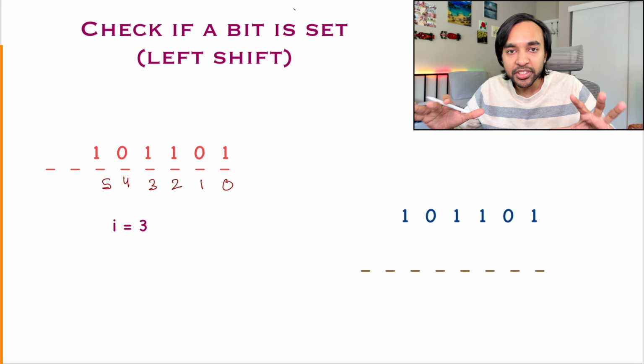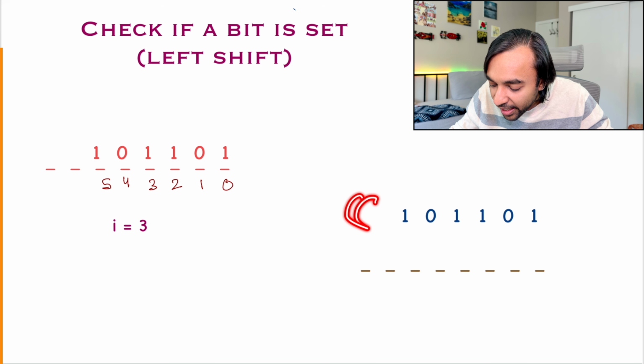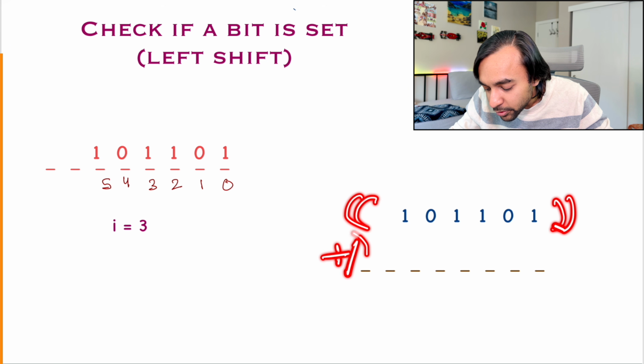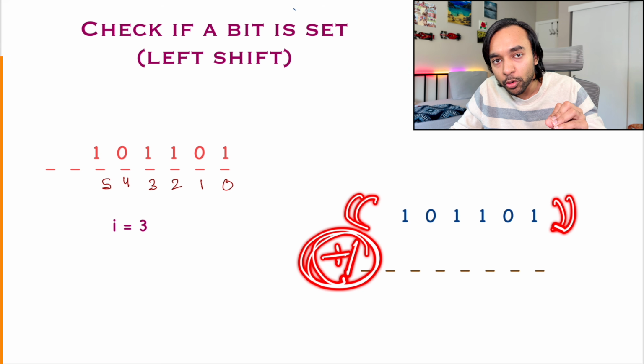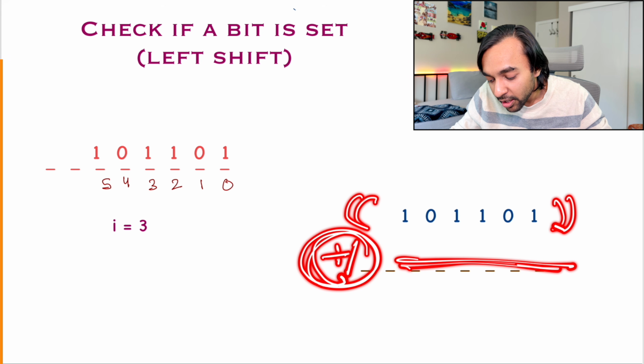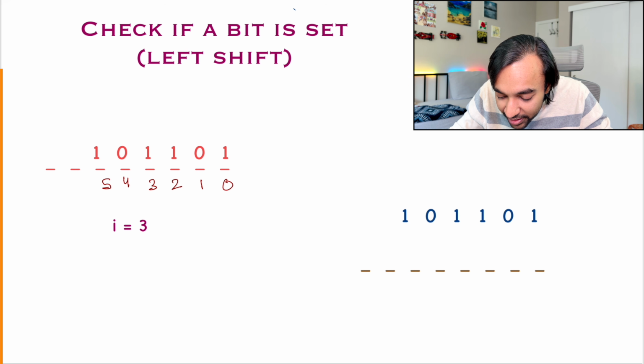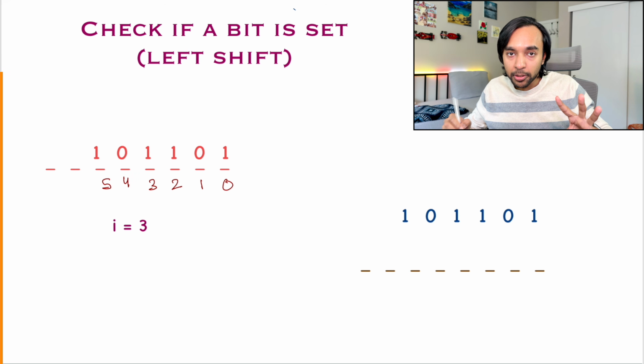Let us try to set up some foundation. I know that I have this particular number available. Now I need to perform some sort of logical operation with something to get a particular result, and this result will help me understand if this particular bit was set or not.